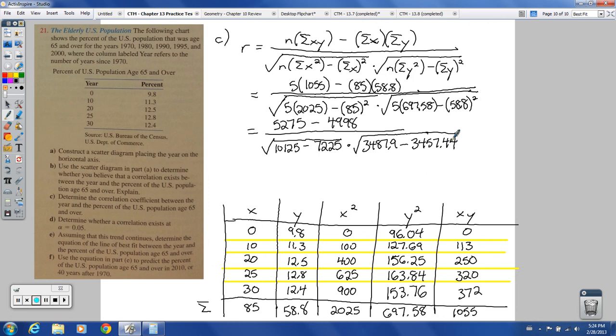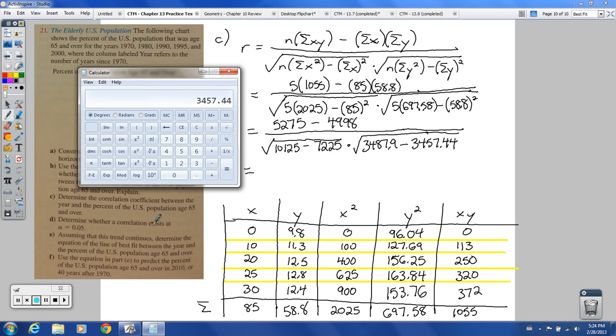If you had this number being bigger than this number, then you know something is off, because with these problems, you should never have a negative number under the square root. So that's a way to verify your answer somewhat, not completely, but somewhat.